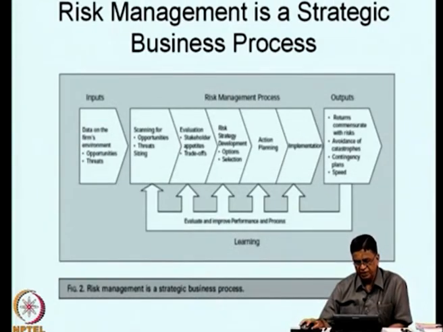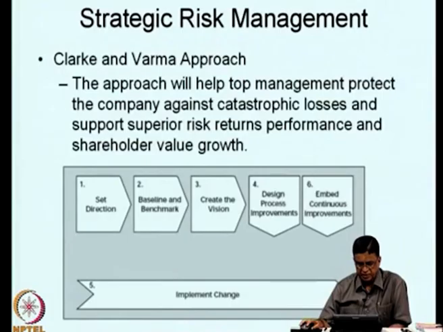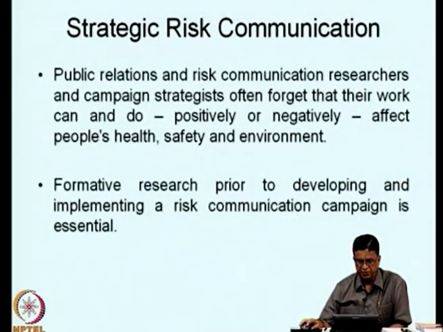We looked at one model which can help a company in managing risks. This is the Clark and Verma approach, which can help the top management protect the company against catastrophic losses and support superior risk returns performance and shareholder value growth.